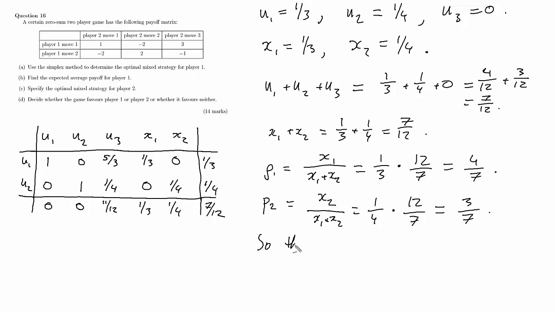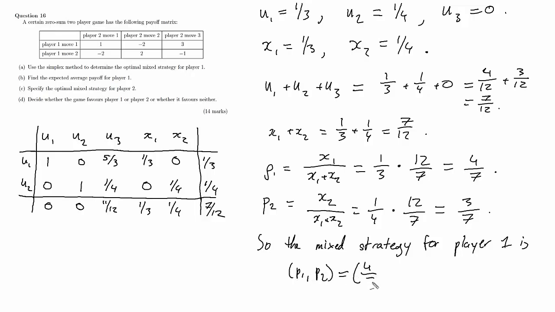So the mixed strategy for player 1 is P1, P2 given by 4/7 and 3/7.